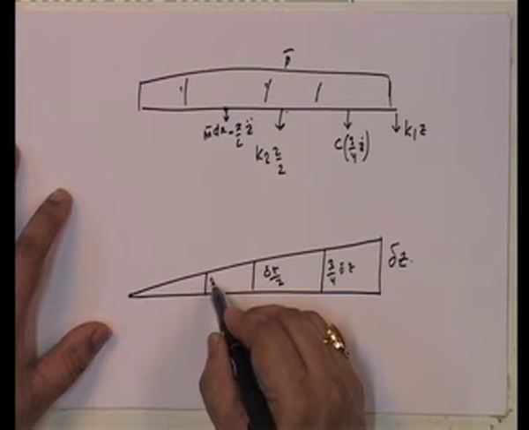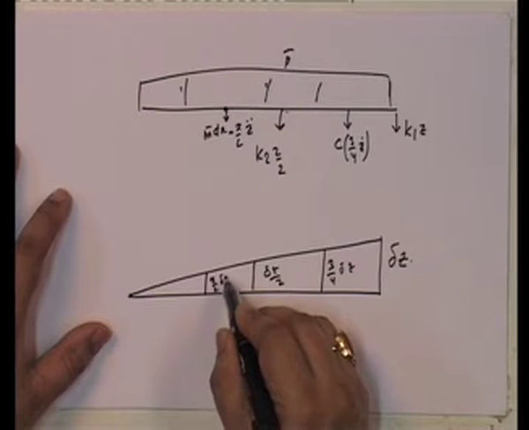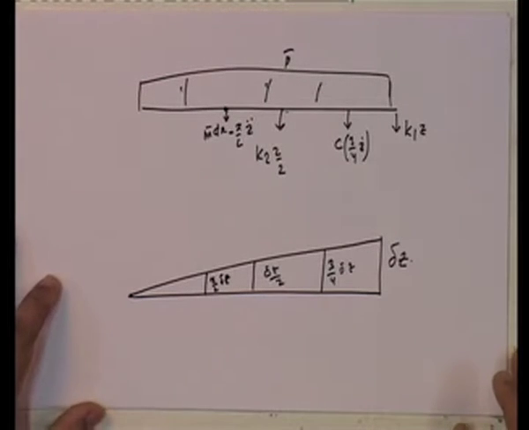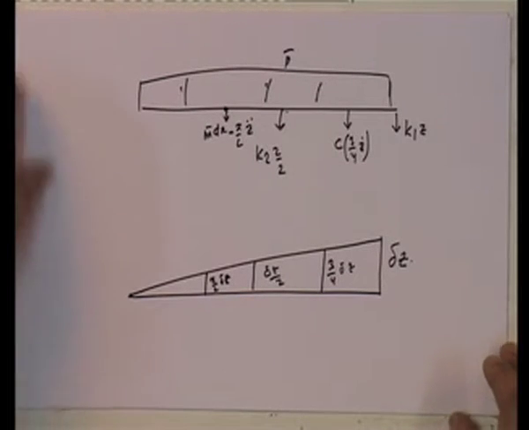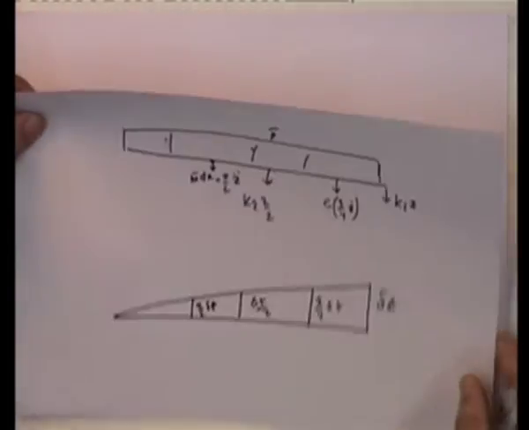This is going to be equal to x by L delta z. Okay? And so, if I take the work done by all the forces, what do I get? I get it equal to, let me start off, K1 z into delta z. By the way, work done is negative, because if we go back, this is upwards.